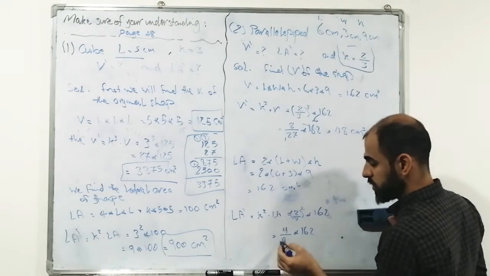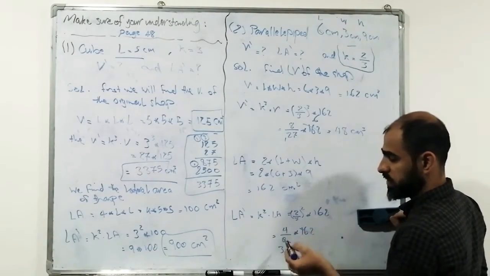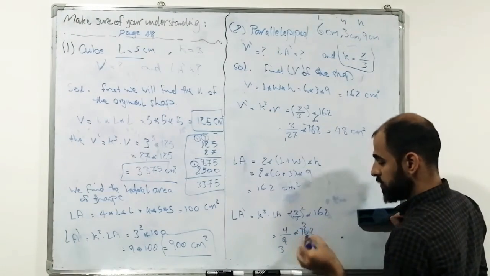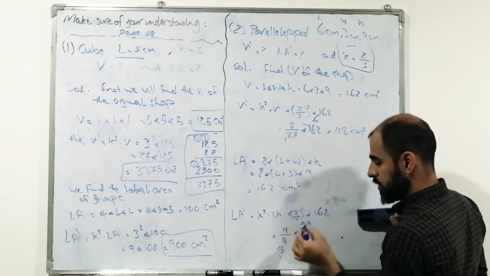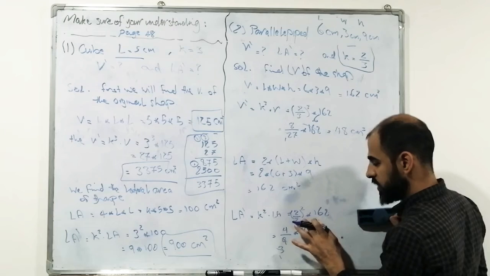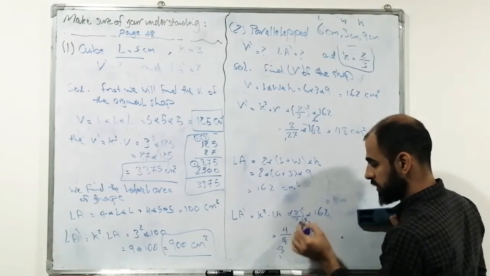Also by simplifying, dividing by 3: 16 over 3 is 5 with remainder 1, 12. Also dividing by 3, 24 over 3 is 18.